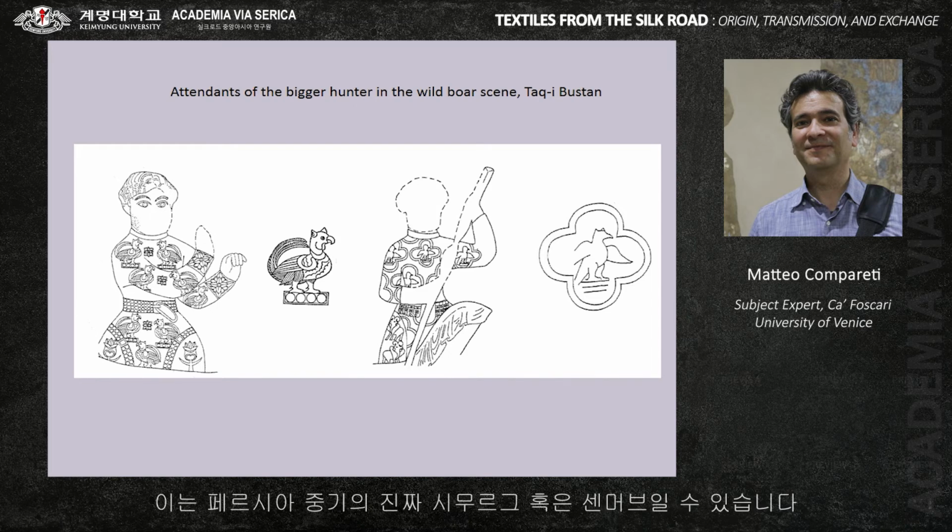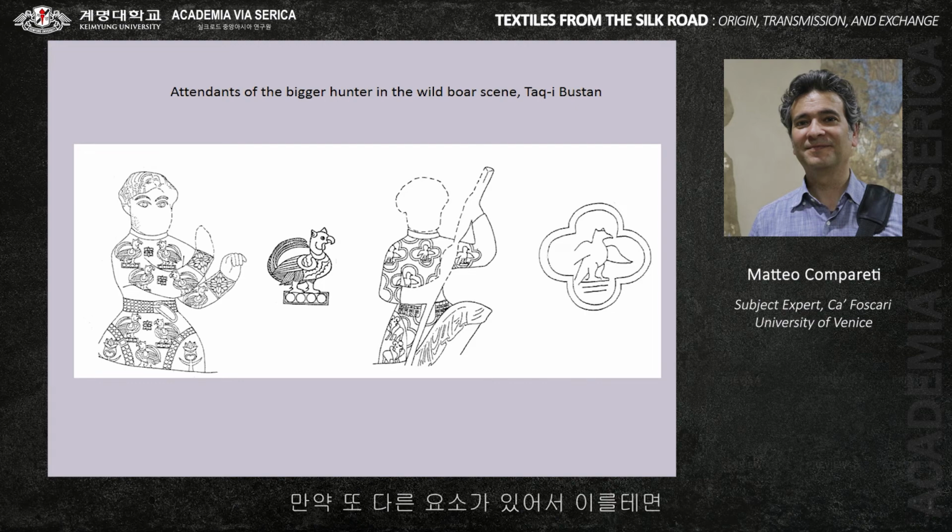And this could be the true Simurgh, or Senmurv, the Middle Persian. But again, if we had other elements like the composite creature with dog face, wings, and peacock tail imported from Central Asia into Sasanian Persia, then we could think that also this creature has been introduced from Central Asia.